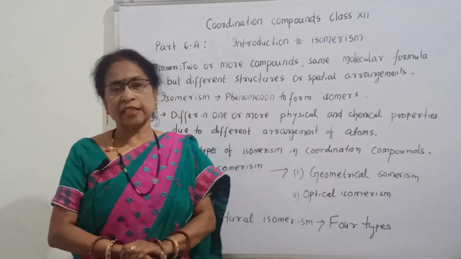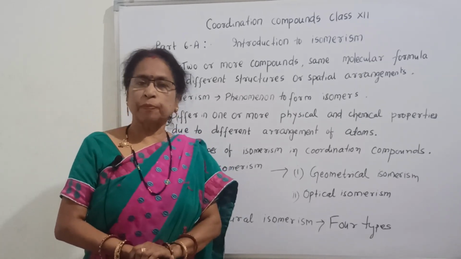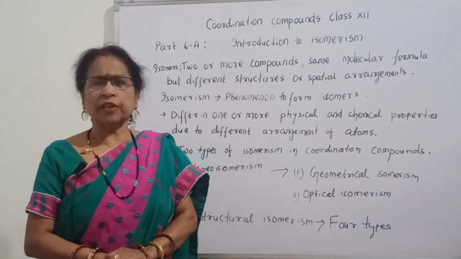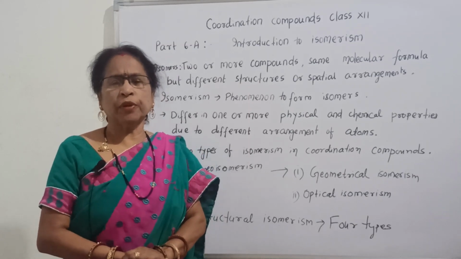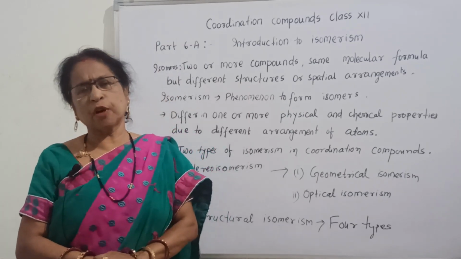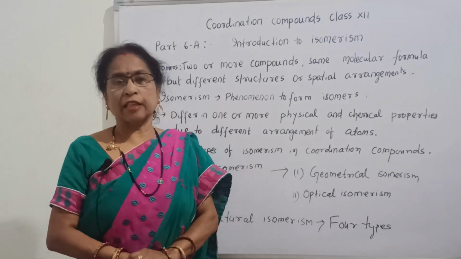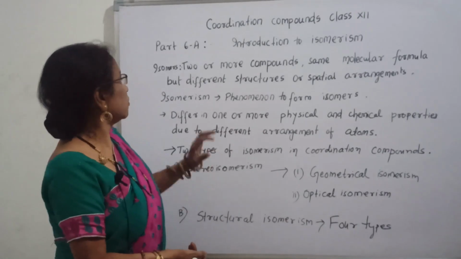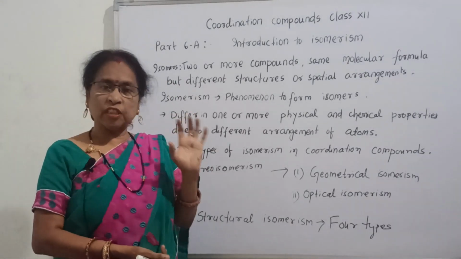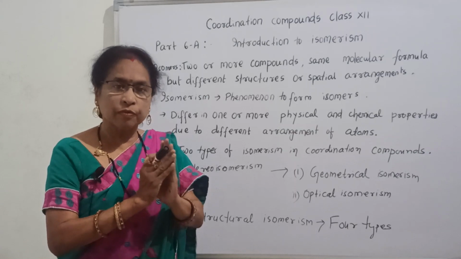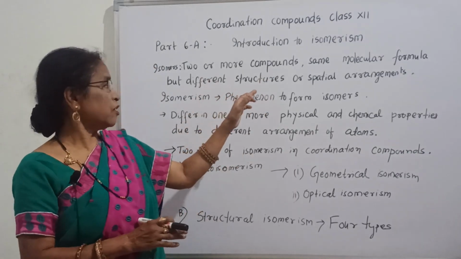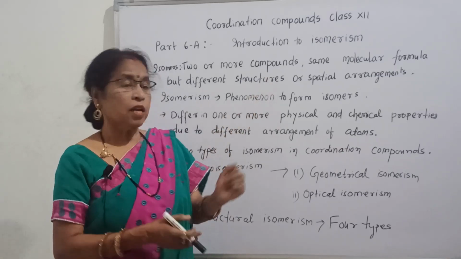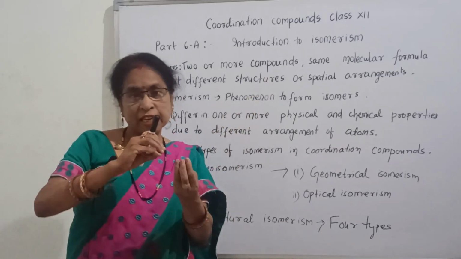Now here is part 6a, because I am going to explain the topic isomerism. First of all, you see what isomerism is. What you know from organic chemistry is same molecular formula but different arrangement of atoms. Here also, coordination compounds have the same molecular formula but different structures, meaning different arrangement of atoms, or spatial arrangement in space.